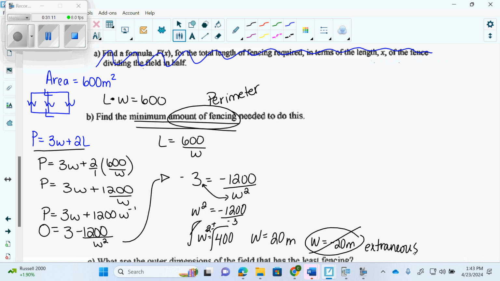How do I get the length? Sub in for L. 600 divided by 20, which equals 30 meters. So find the minimum amount of fencing. The minimum amount of fencing I haven't found yet.